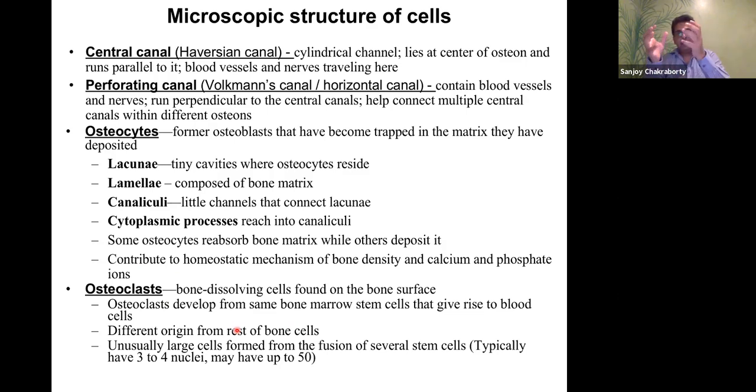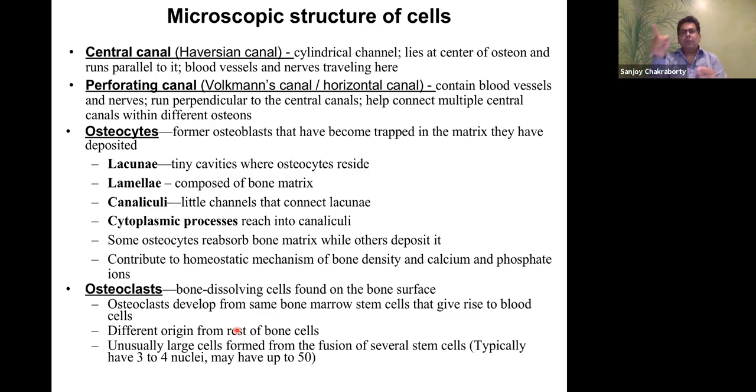They take calcium from the blood. Let's say you eat food that has calcium, the body absorbs it, and it's in the blood. From the blood, the osteoblast, with a B, takes it and puts it in the bone. Osteoclasts take it from the bone and add it to the blood when the body needs it.